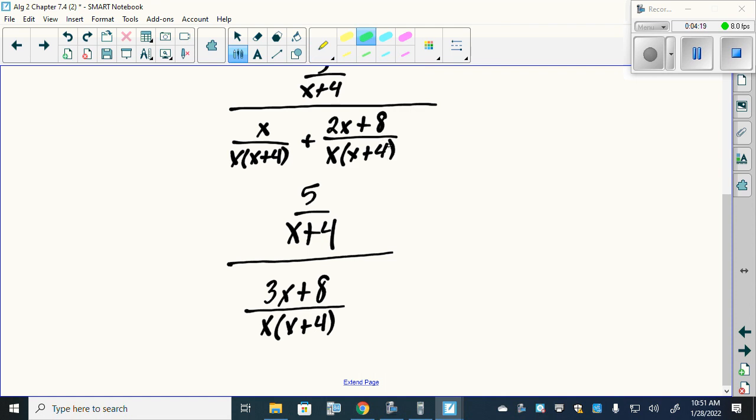Well, now we have a fraction, 5 over x plus 4 divided by 3x plus 8 over x times x plus 4. So I have two fractions being divided.